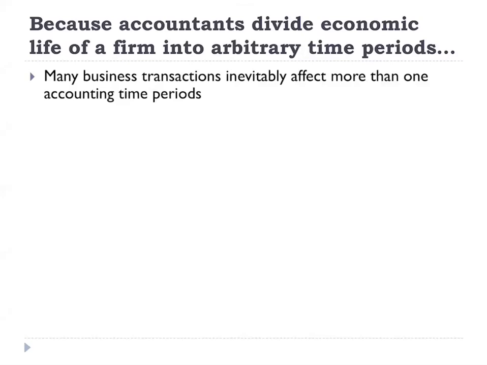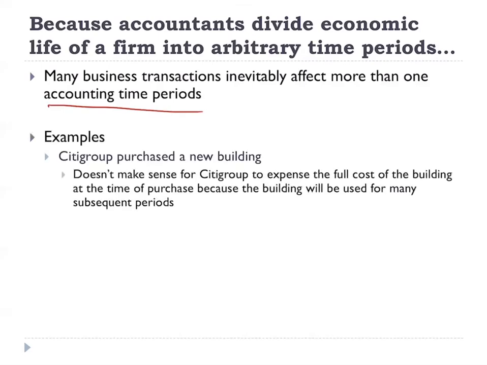It's just because those accounting time periods are divided arbitrarily. Business transactions happen continuously. They don't care about the accounting period. So some business transactions inevitably are going to affect more than one accounting time period.